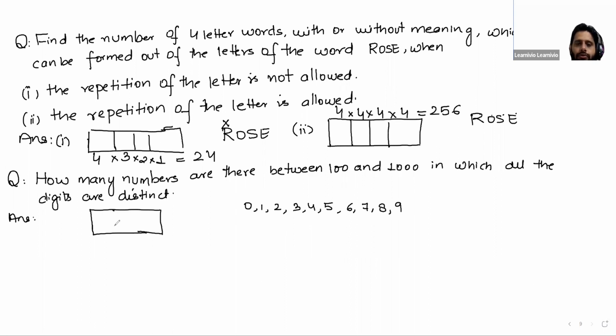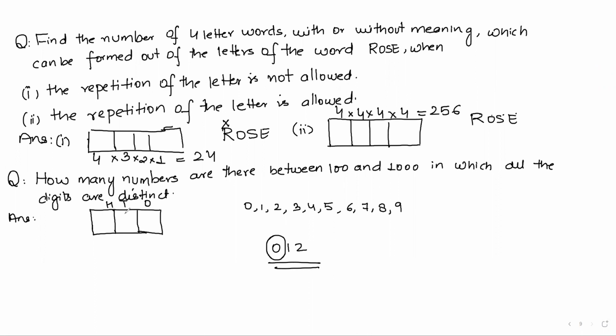So this should be three digits. 3-digit number. Very good. This is ones place, this is tens place, and this is hundreds place. Suppose we need to write a 3-digit number. So can we write this? Is this correct or not, Krishna? No, sir. So this means at this place we can't use 0. Otherwise, this becomes a 2-digit number. And all the digits should be distinct. So Krishna, can you tell me is this a question of repetition allowed or repetition not allowed?